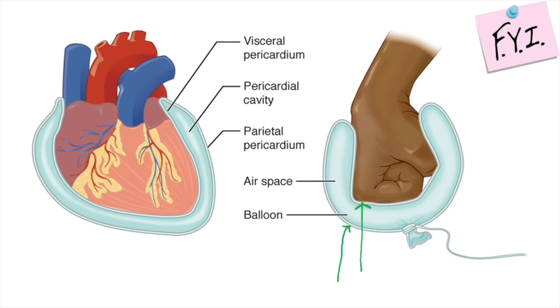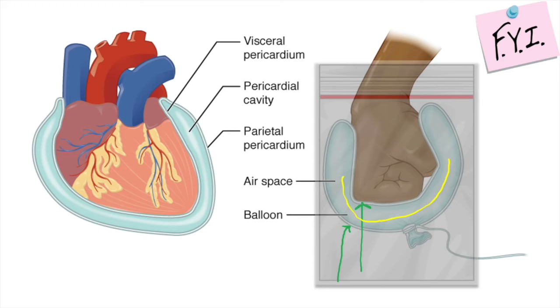So they form this like double-walled area where we can fill the inner space with serous fluid. And that serous fluid acts as a lubricant to help prevent friction with each contraction of the heart. And then outside of all that, we would have our fibrous pericardium that would be adhering directly to this parietal layer.